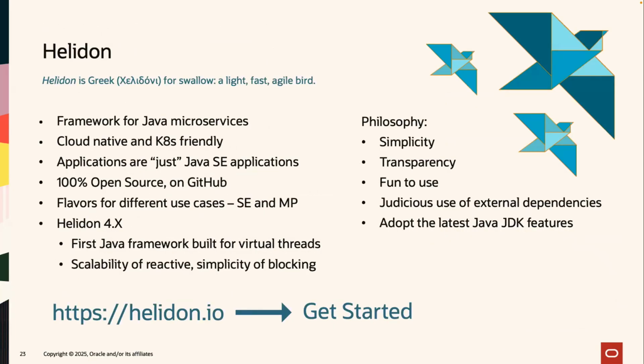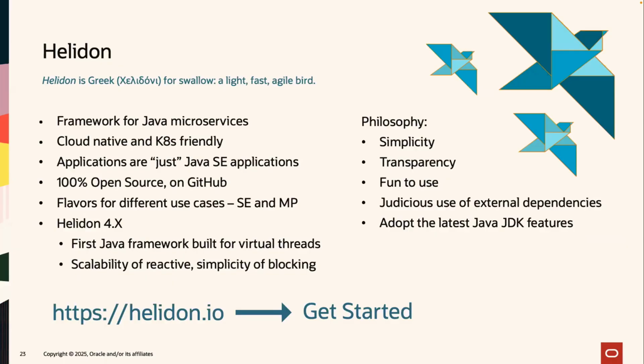Helidon, again, is a framework for building Java microservices. It's lightweight, it's cloud native and Kubernetes friendly. It provides APIs that support MicroProfile, which is closely aligned with Jakarta APIs.